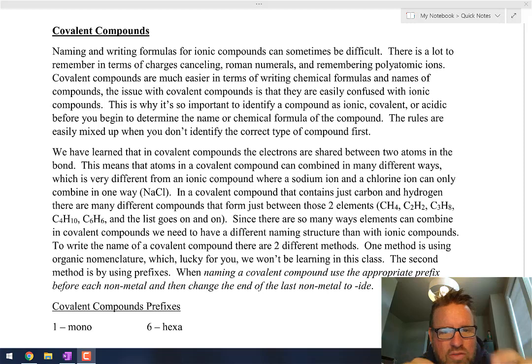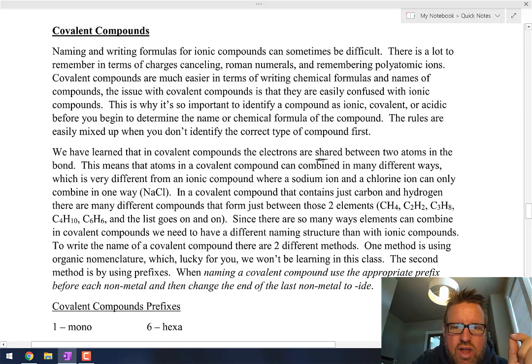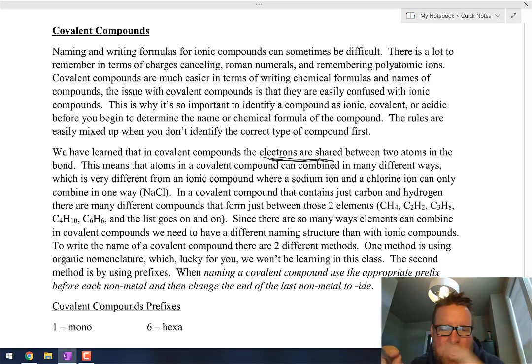Okay, in a covalent compound, though, the electrons are not transferred. Remember, when we drew Lewis electron dot diagrams, the electrons are shared between the atoms. That's why when we did electron dot diagrams we counted the electrons in the bond for both atoms, because they're sharing those electrons.